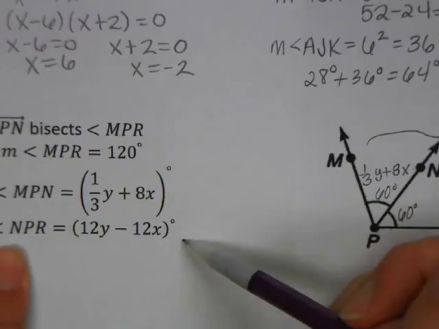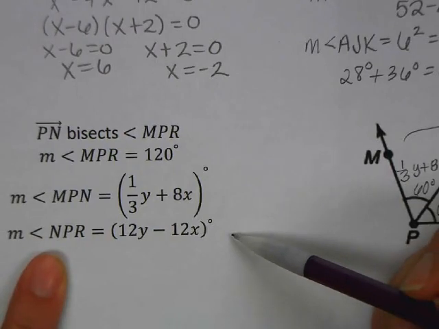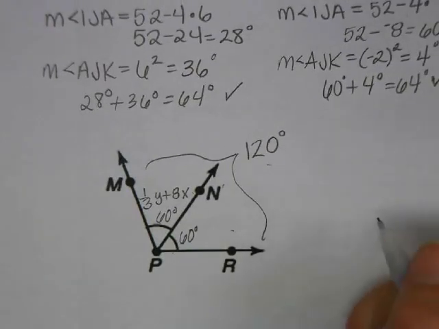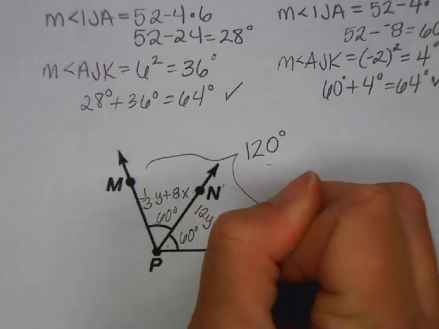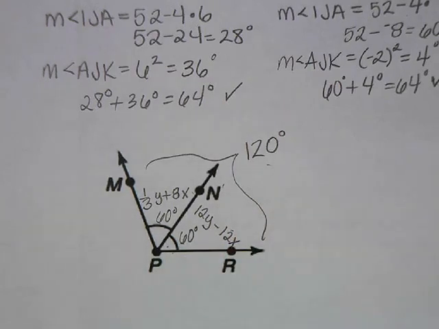And then the other information is that the measure of angle NPR is 12y minus 12x. So I'm going to put that in here as well. NPR is given by the expression 12y minus 12x.